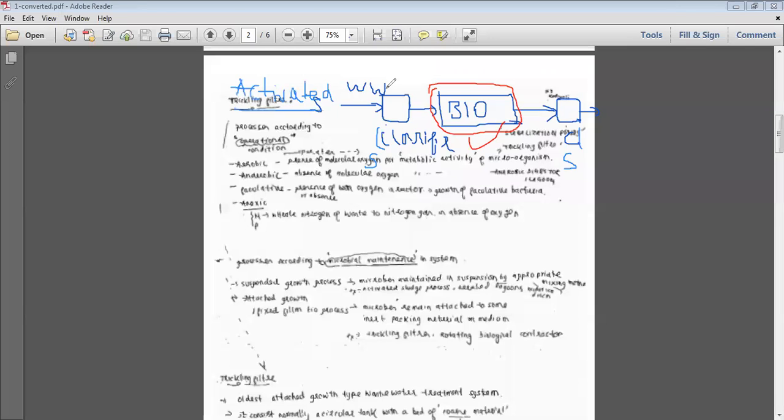microbes grow in the wastewater, like in a river.